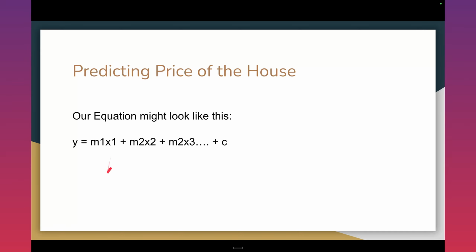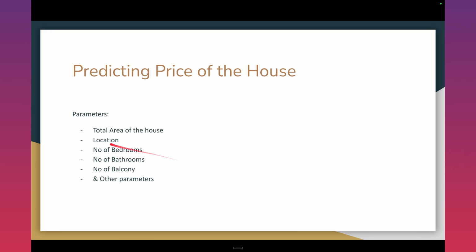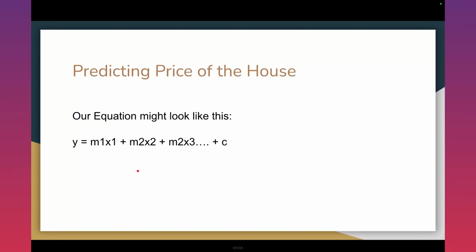And what are these x1, x2 and x3? These are nothing but our inputs, which are total area, location, number of bedrooms, and so on and so forth. So this is how you can consider the number of parameters we will require in order to only predict the price of a house.